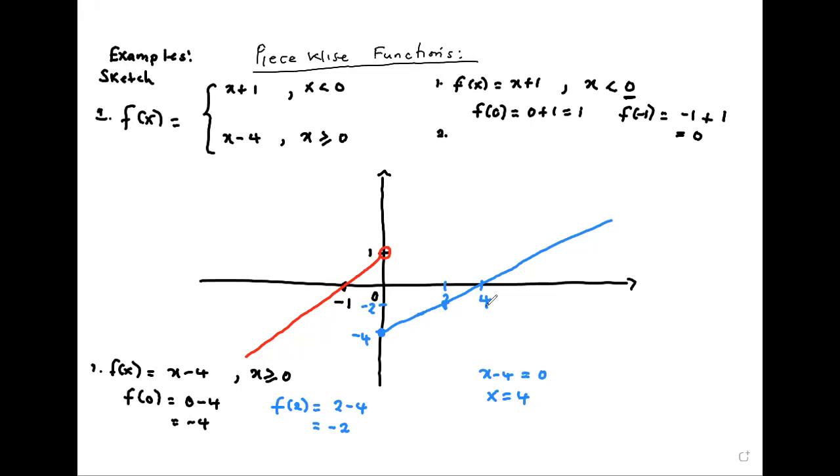Is it okay? Sorry, sir. The part where you use f of 2 equals 2 minus 4. I'm a bit confused. How did you draw the line from that? I understand the first part where you use 0. Now the second part where you have f of 2, how is the line passing there? Look, what is f of 2?